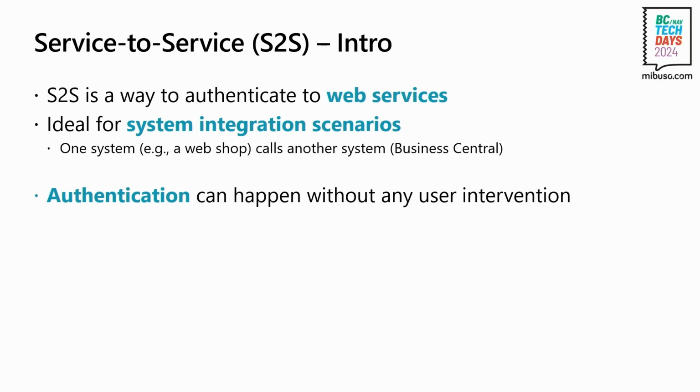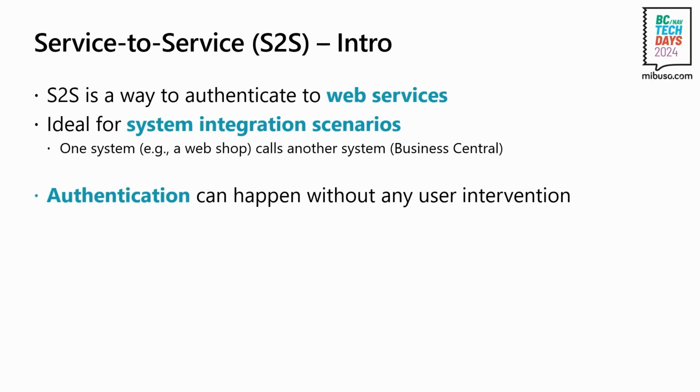That's the nature of that kind of authentication. So if you use this technique in your web shop system, let's say, to authenticate to Business Central via the web shop, it's going to work just fine until one day it also needs to re-authenticate, and then there's no user around, right?